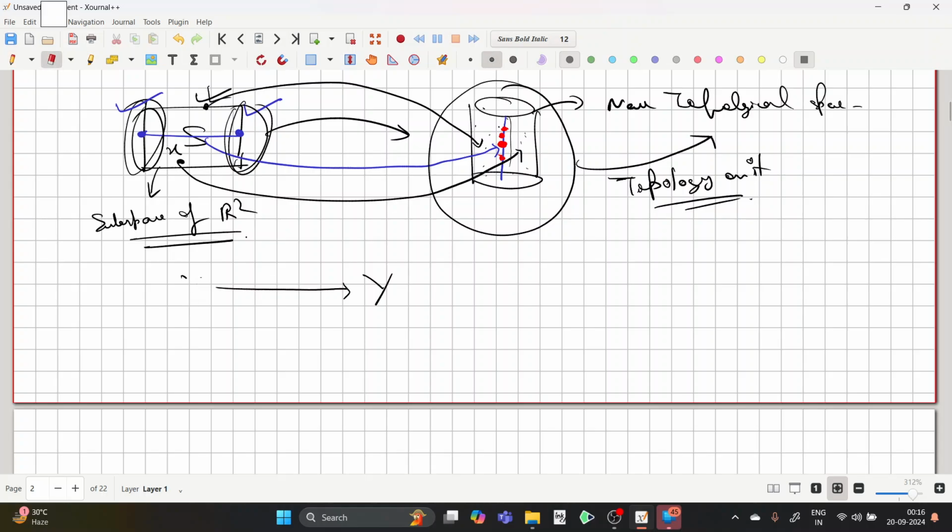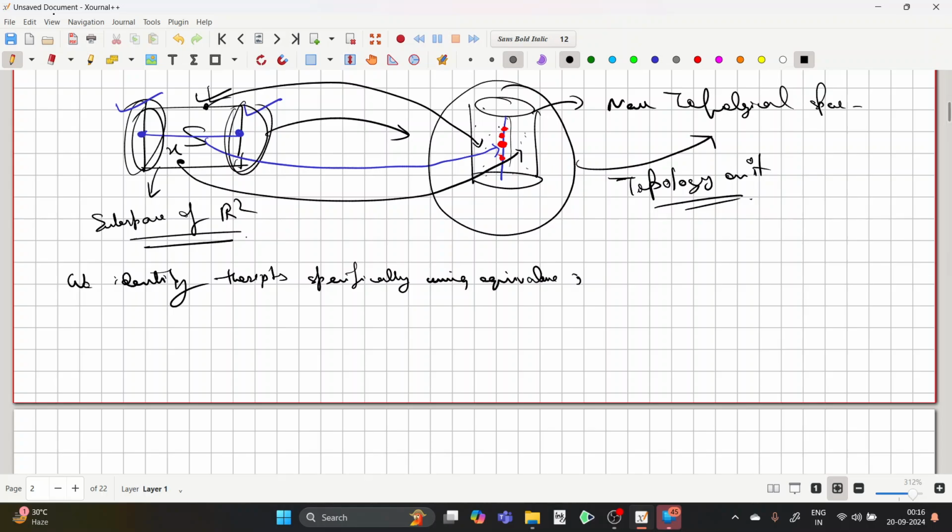Before that, I actually need to make a bit more sense. So we identify these points, specifically, using an equivalence relation. Now it will be a bit clearer. Using an equivalence relation.